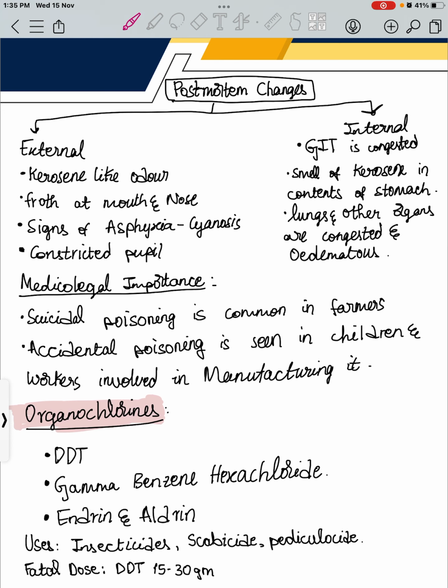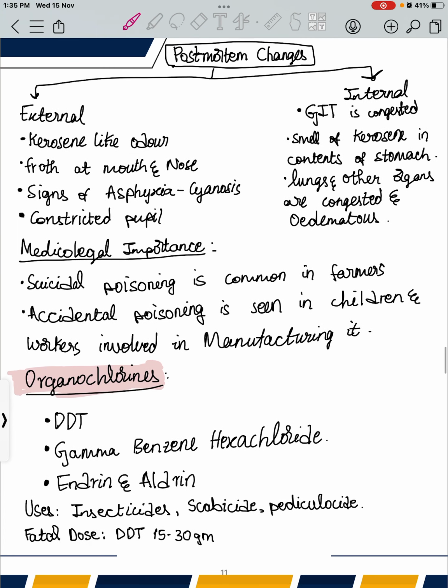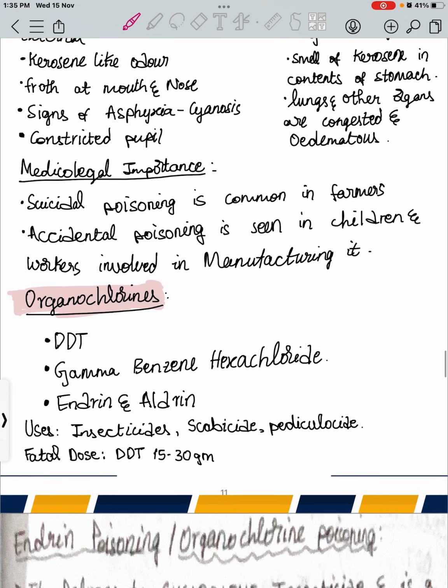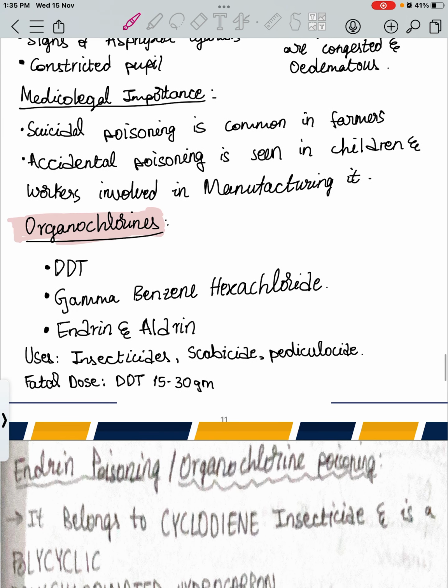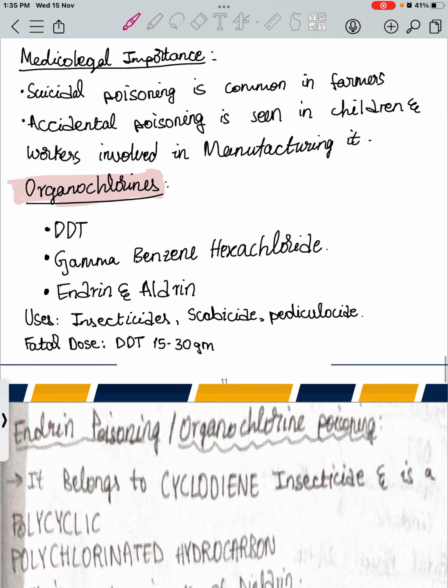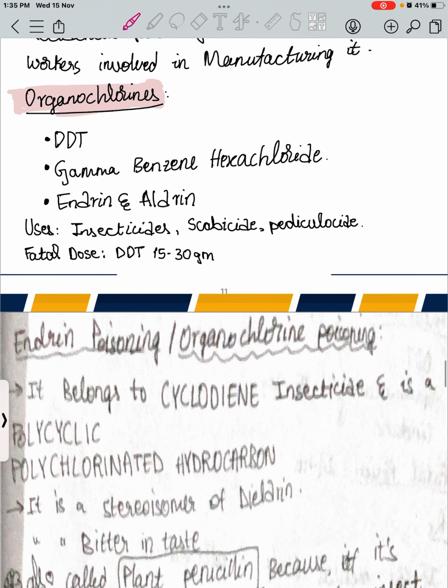Internal changes include a congested GIT, smell of kerosene in the contents of the stomach, and congested and edematous lungs and other organs. Medicolegal importance of OP poisoning: suicidal poisoning is common in farmers. Accidental poisoning is seen in children and workers involved in manufacturing it.